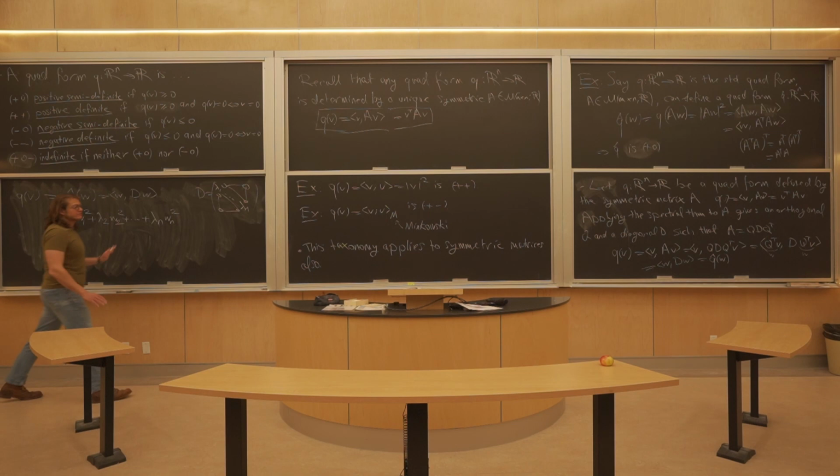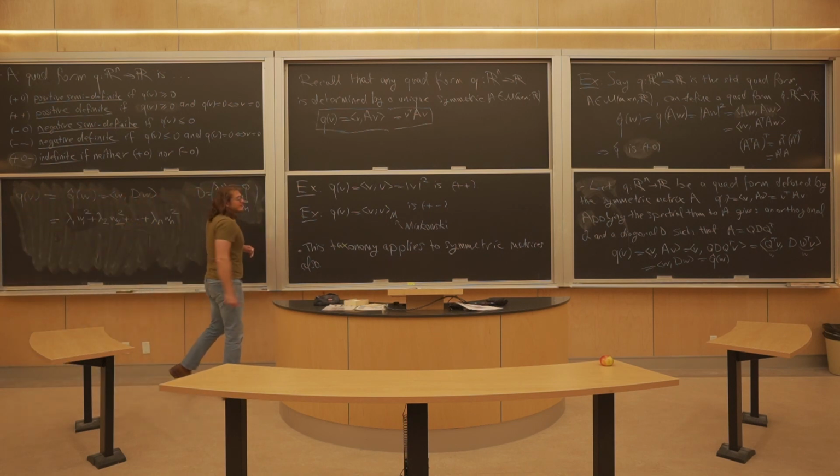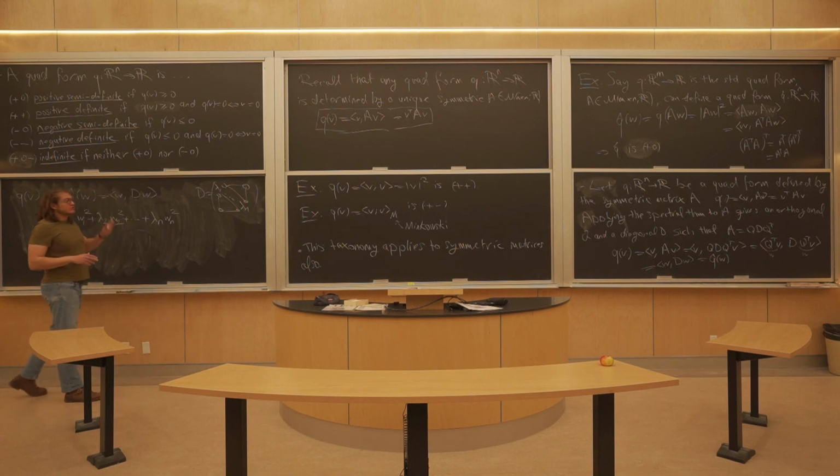Okay? So that's a way of using the spectral theorem to classify quadratic forms. So let me write it here.